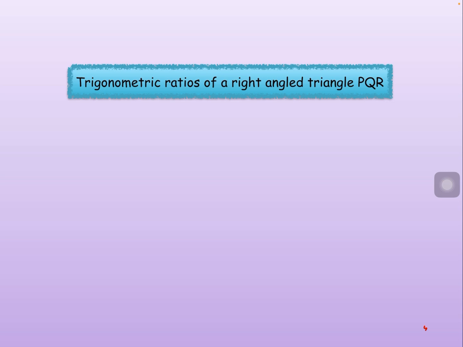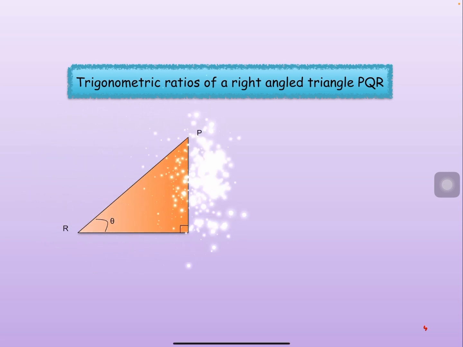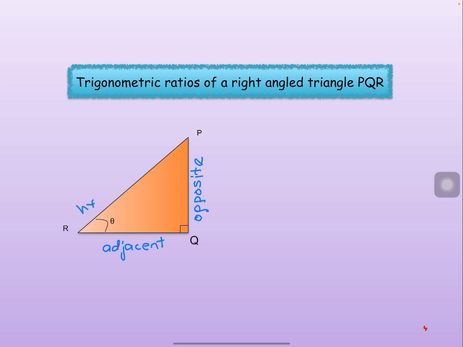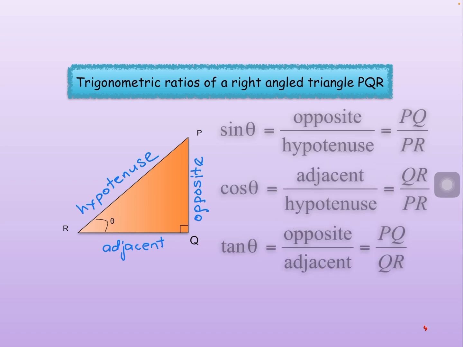Trigonometric ratios of a right-angled triangle PQR. We have this PQR, right-angled triangle. This is the adjacent QR. PQ is opposite and PR is hypotenuse.